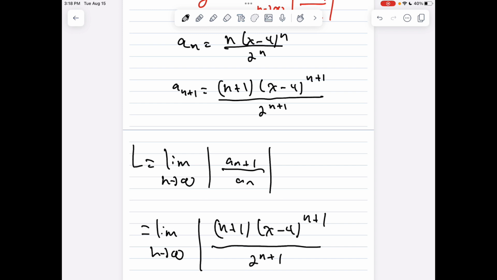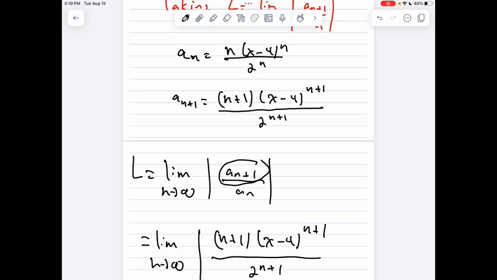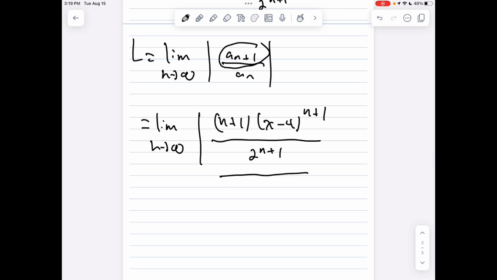So that's that whole a_{n+1} right here. That's what I just wrote down. And then divided by a_n. a_n is all the stuff up here. So we'll go ahead and divide that by n times (x minus 4)^n over 2^n.